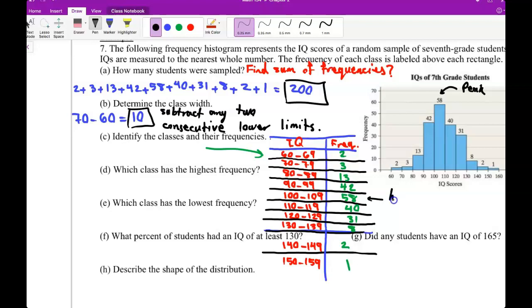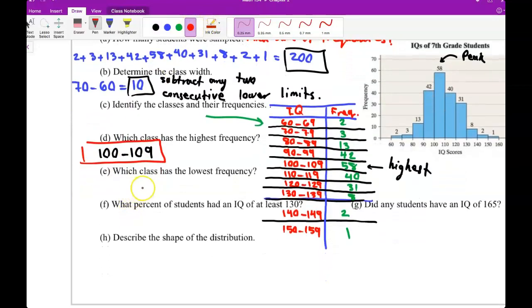This is highest. So that's the answer for this part. Part E, which class has the lowest frequency? Lowest frequency is this one here. That is 150, 159.